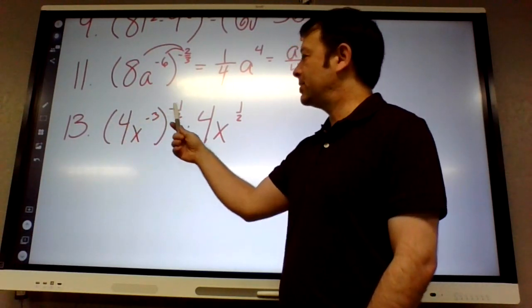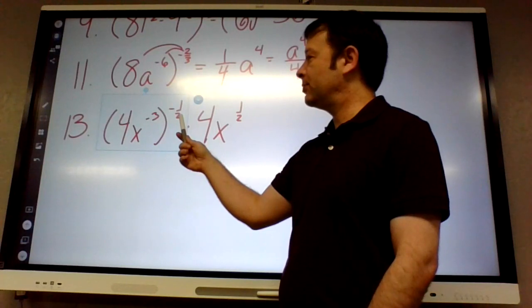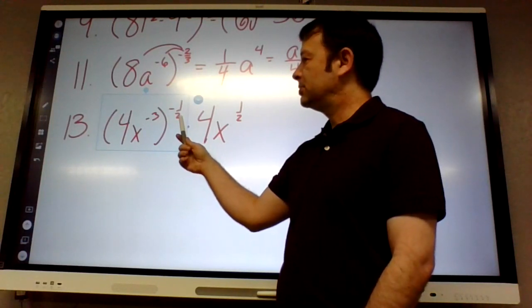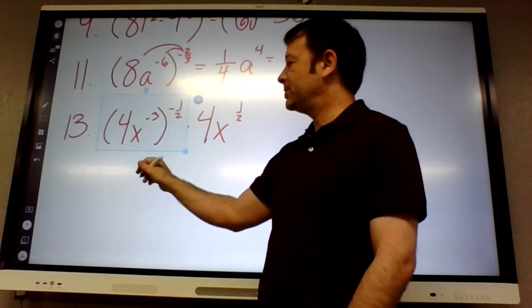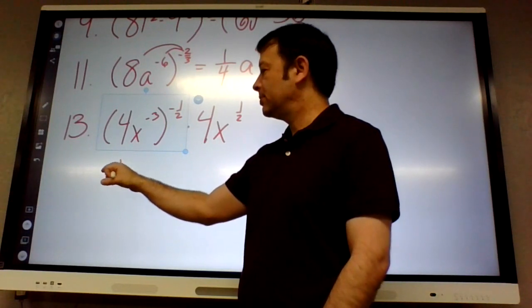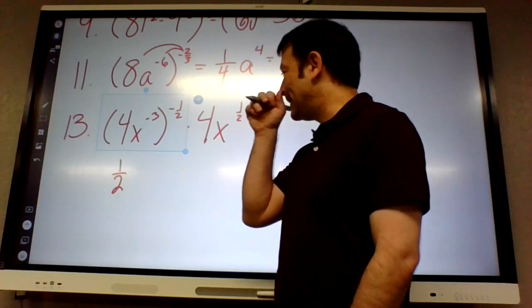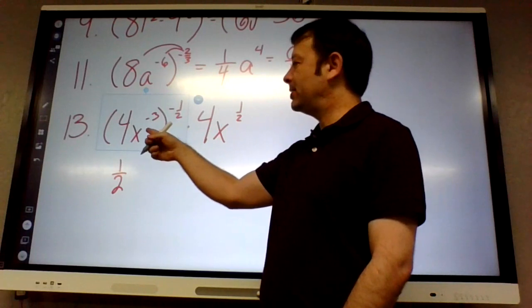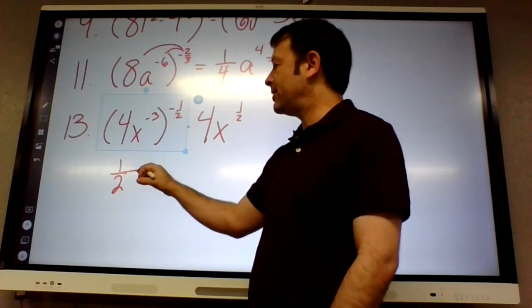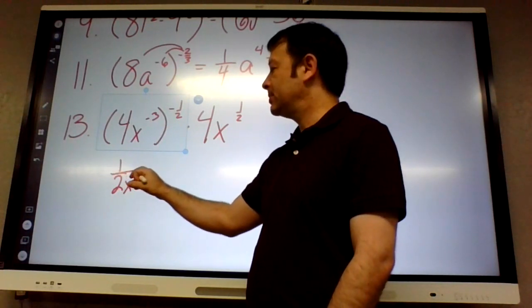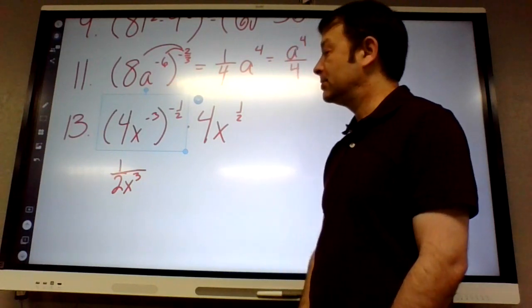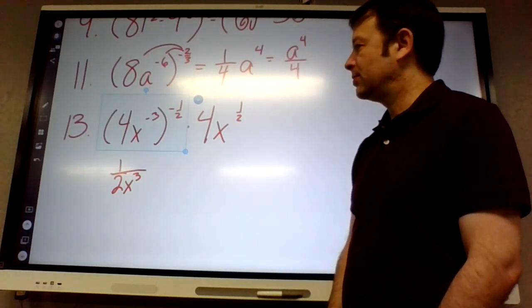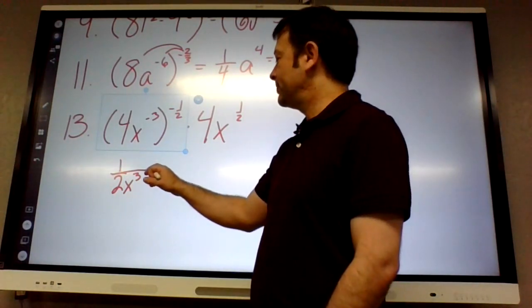So 4 to the, what's the square root of 4? 2. The negative exponent is going to make 2 into 1/2. We could leave x to the -3rd on the top, or you could move it to the bottom as x to the 3rd. Doesn't really matter right now.